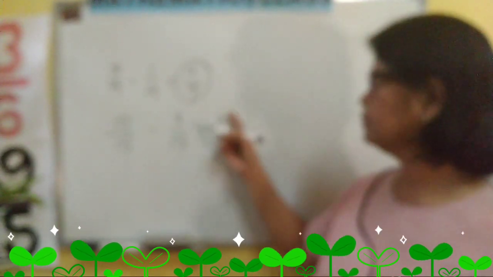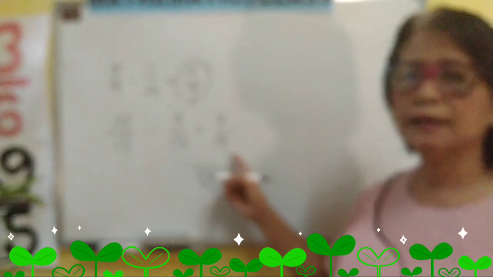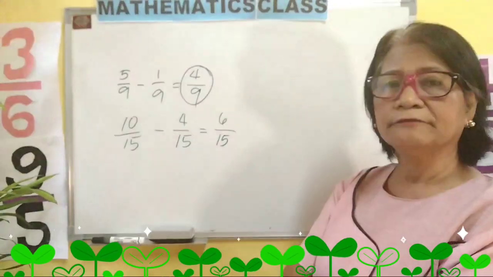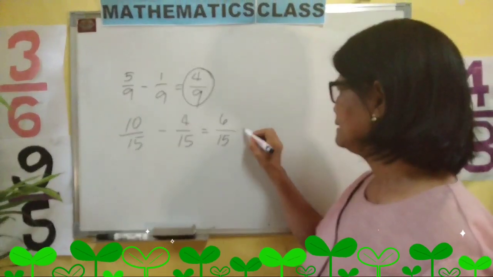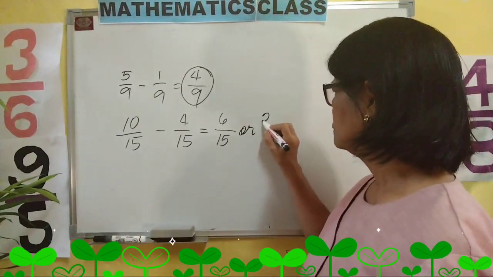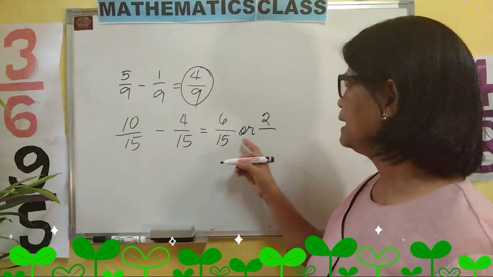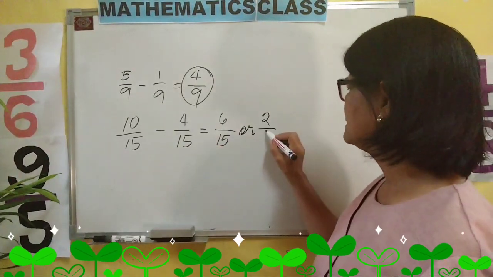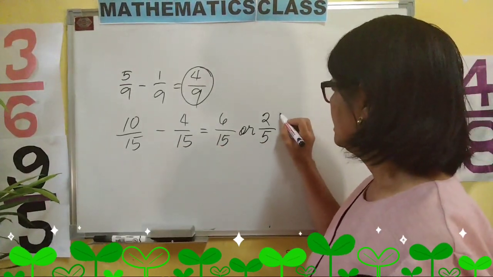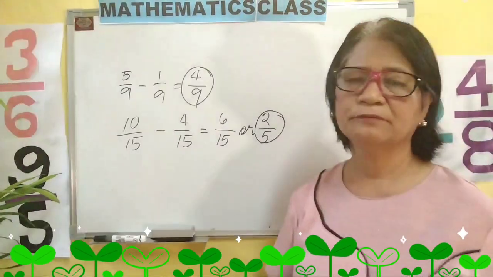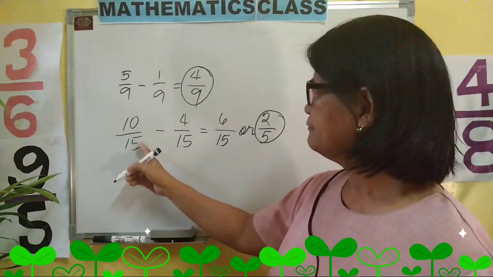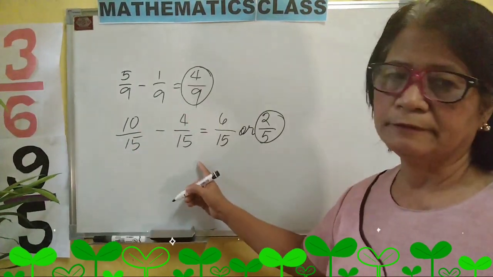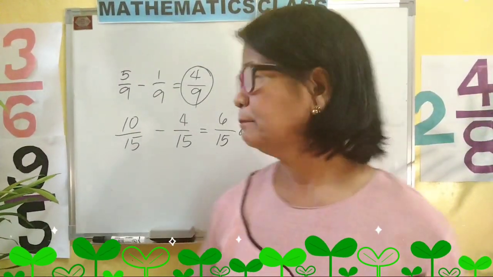Is there a GCF for 6 and 15? Yes. The GCF for 6 and 15 is 3. So, 6 divided by 3 equals 2. 15 divided by 3 equals 5. Therefore, 2/5 is your possible answer for 10/15 minus 4/15.